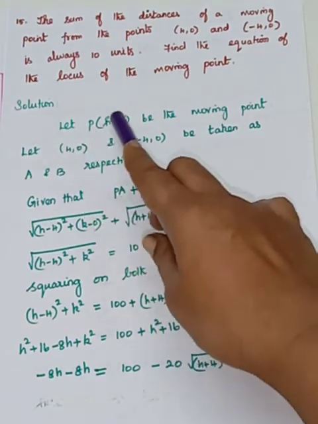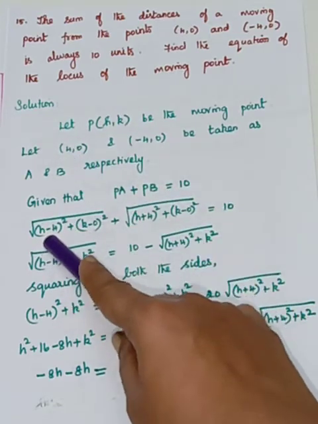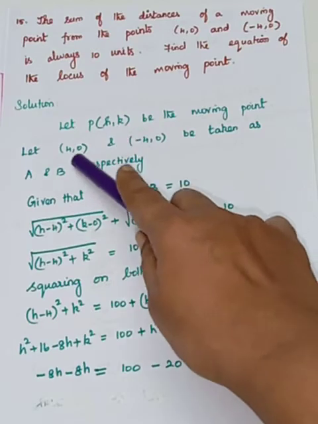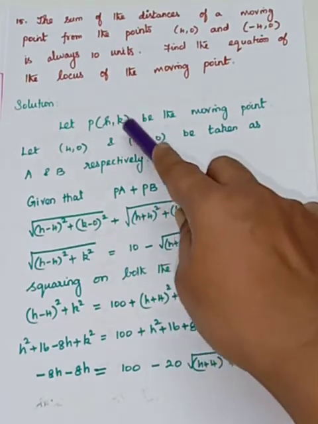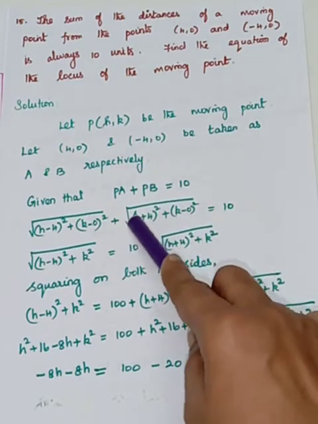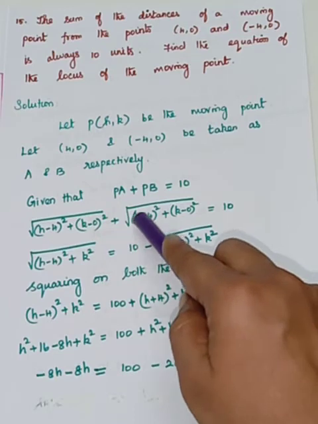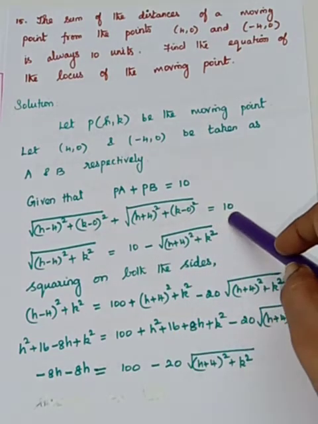Using the distance formula, it's square root of H minus 4 the whole square plus K minus 0 the whole square, plus PB also the same way you can find. Using the distance formula, square root of H minus of minus 4, so H plus 4 the whole square plus K minus 0 the whole square is equal to 10.